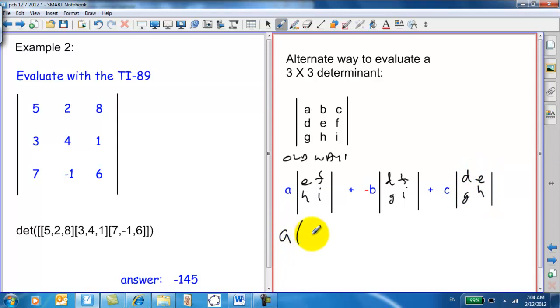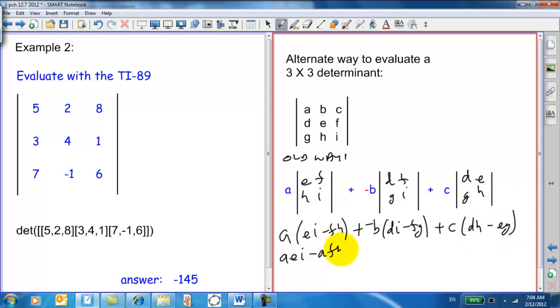So we get A times (EI minus FH) plus negative B times (DI minus FG) plus C times (DH minus EG). So that's AEI minus AFH minus BDI plus BFG, big friendly giant, plus CDH minus CEG.